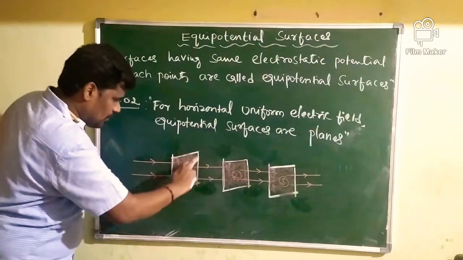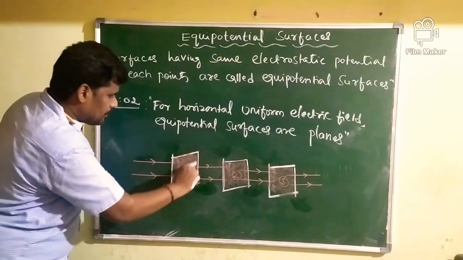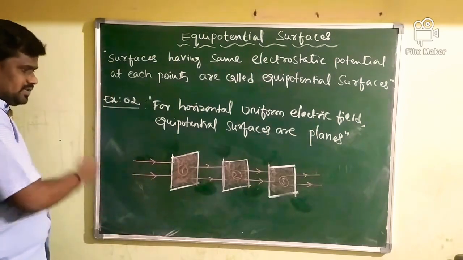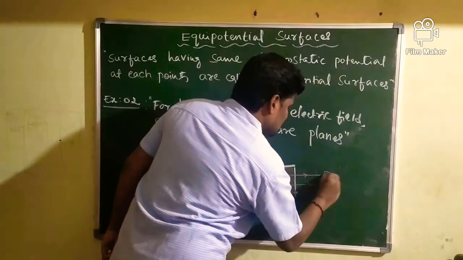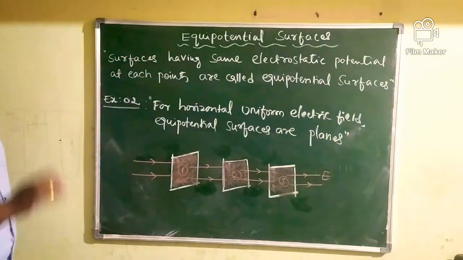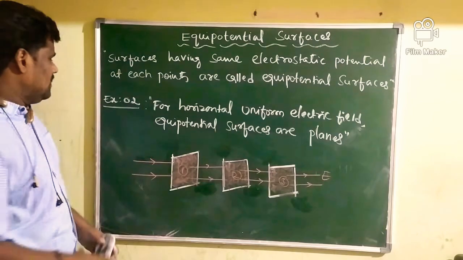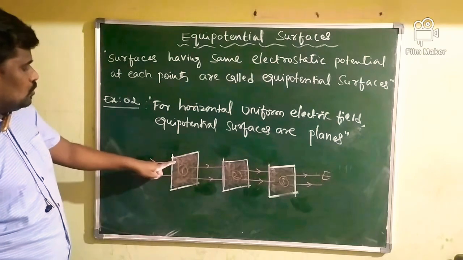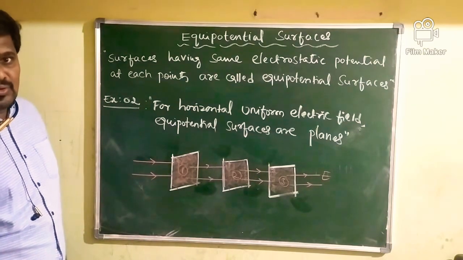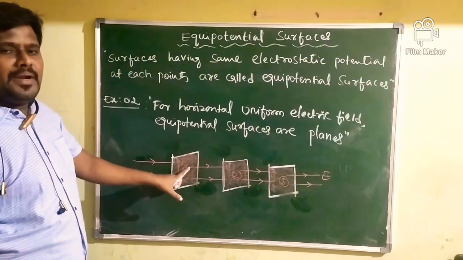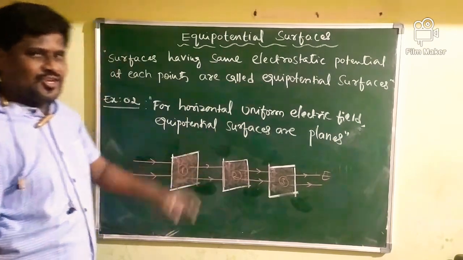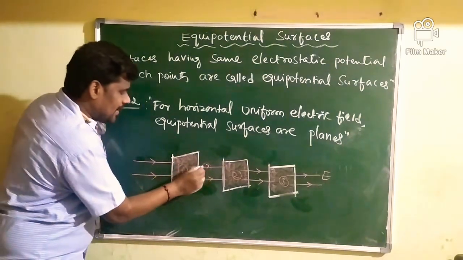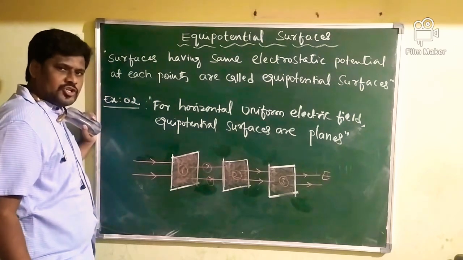If we calculate the value of electrostatic potential at all the points on this surface, it will be constant. Therefore, for a horizontal uniform electric field, this is the direction of the electric field, and the equipotential surfaces are planes perpendicular to the direction of the electric field.